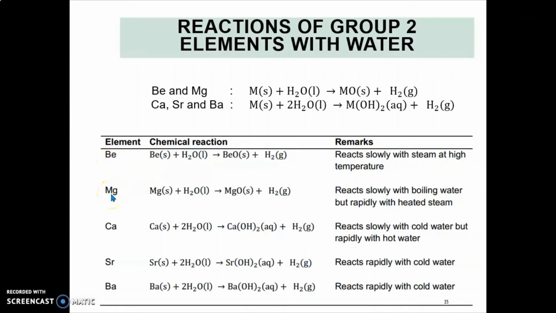Beryllium and magnesium react with water to produce metal oxide: beryllium produces beryllium oxide, and magnesium produces magnesium oxide, and hydrogen gas. But calcium, strontium, and barium react with water to form metal hydroxides and hydrogen gas.